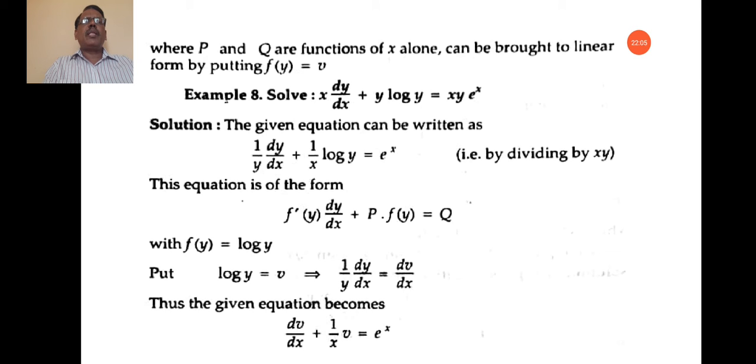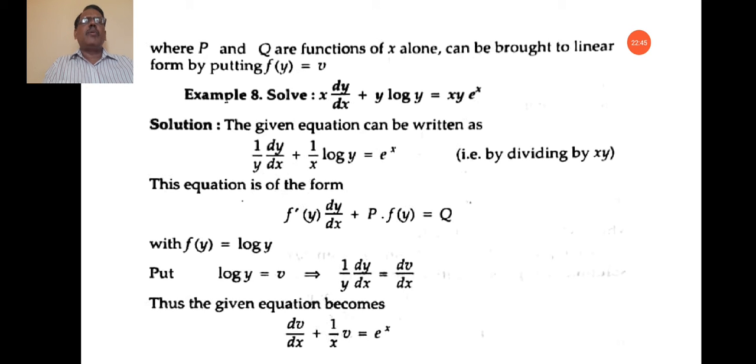After differentiation with respect to x, 1 by y into dy by dx is equal to dv by dx. So substitute the value of 1 by y into dy by dx as dv by dx in the above equation. The equation becomes dv by dx plus 1 by x into v is equal to e power x.